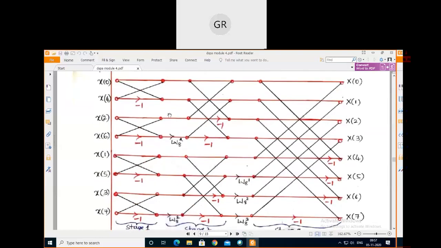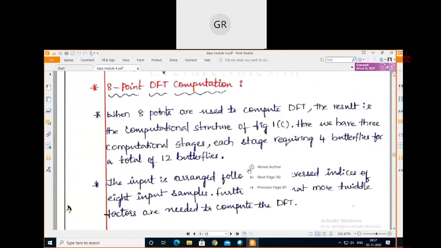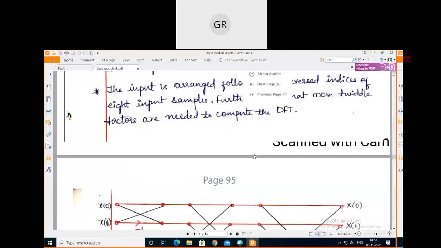See how many butterflies here? 1, 2, 3, 4. How many butterflies for an 8-point DFT? 4 into 3, that is 12.